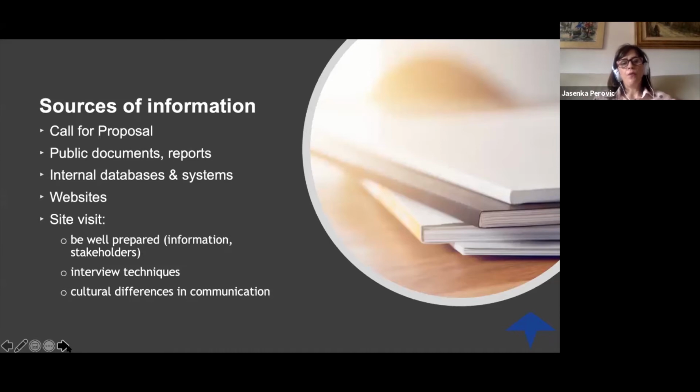Again, I've said it before, just to repeat it, you can find these relevant documents that could help you in preparing your concept note in the thematic session, which you can revisit, because our colleagues from the EUD, for each sector, have been referring you to different strategies and policies, or again, some internal databases that you may have and systems in place, websites. You really do sufficient research in order to collect all the information that is needed.